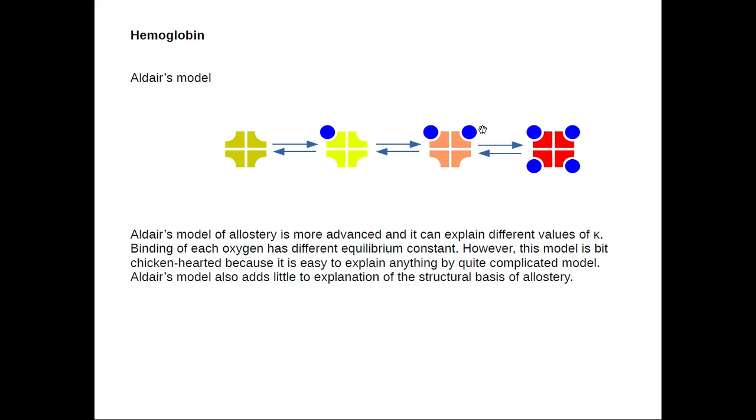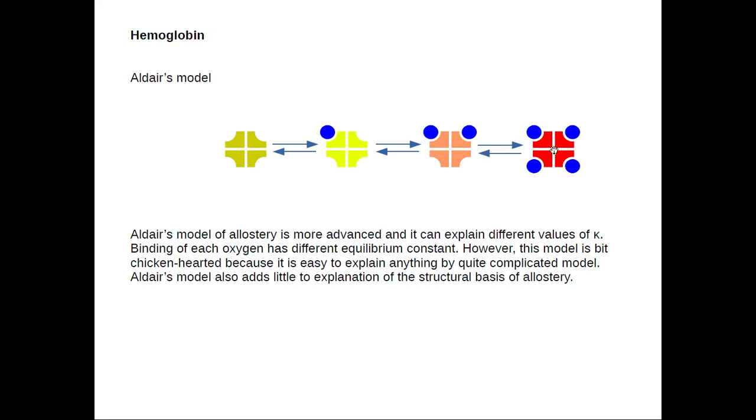This can result in almost any value of kappa. It can also explain the so-called negative allosteric effect, which means that binding decreases affinity, so the kappa then is lower than 1. But you need, in this case, 4 different equilibrium constants, 4 different dissociation constants.